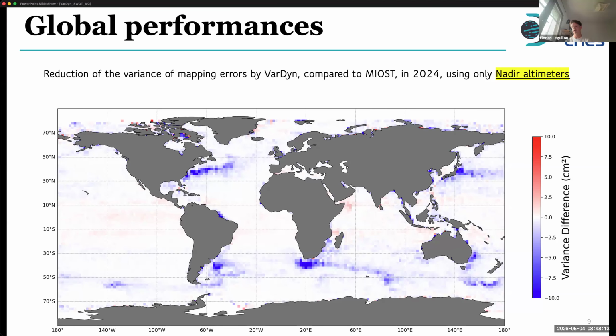This has been computed by CLS to have a view of the variability of the noise for each mission according to the location in the world. We just prescribe the variance of the noise in the observational matrix.